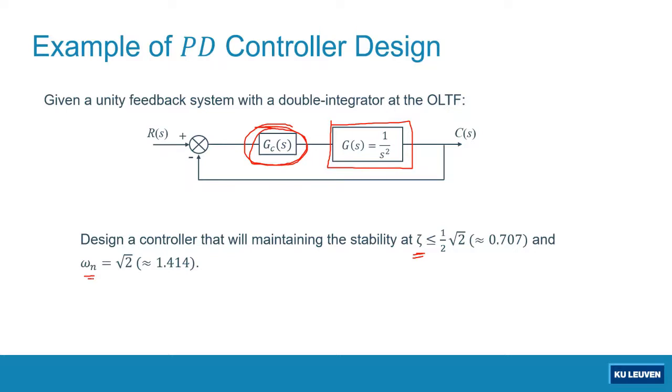Why is it like that? Of course, because if you are referring to the step response of a second order system, zeta and omega n, these two variables will dictate the features of a step response in our second order system. Those features are settling time, peak time, rise time, and maximum overshoot.